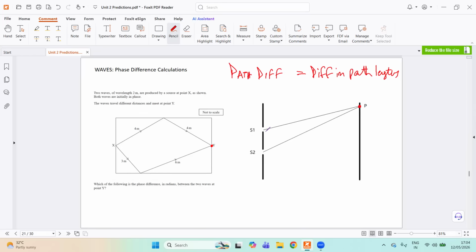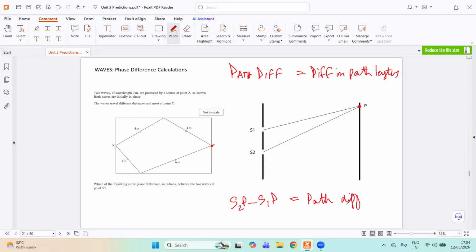Okay, so this length is, let's say, S1P, this length is S2P. These are the two path lengths, and when you subtract these two, what you end up with is the path difference.